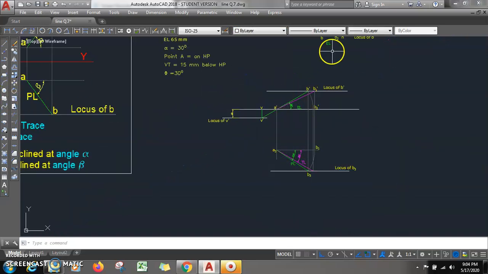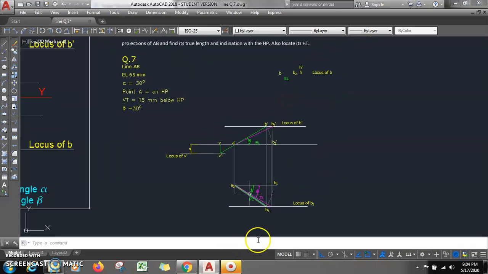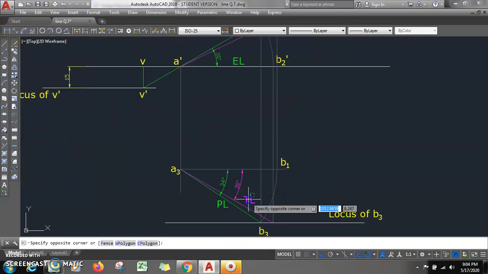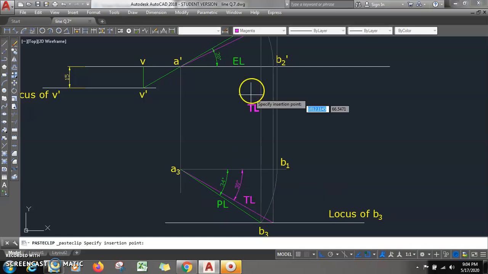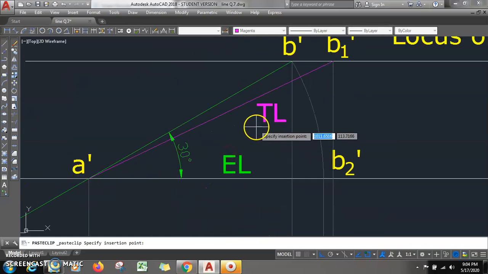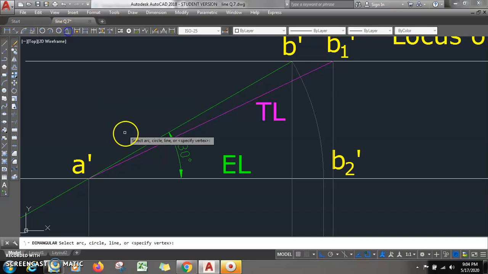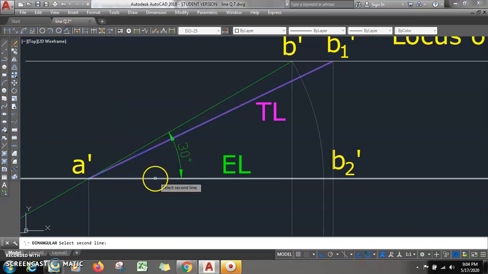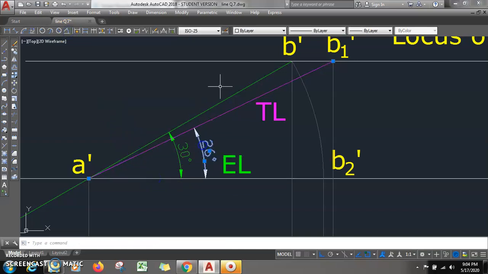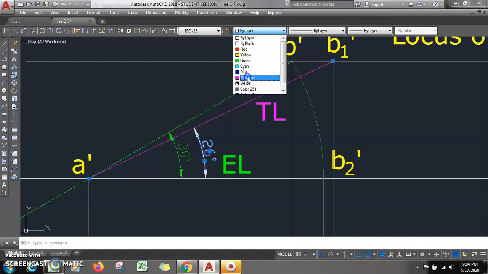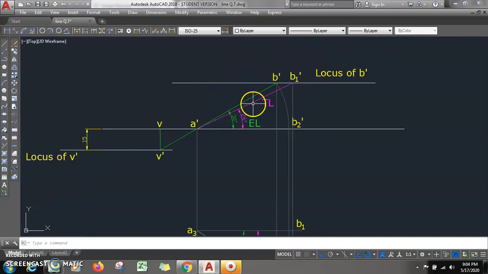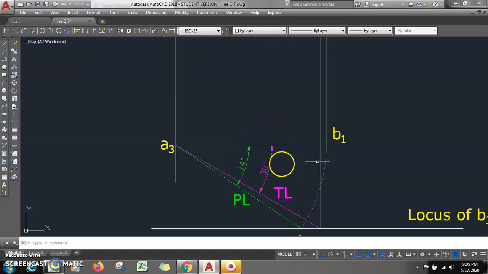Okay, this length is true length, and this angle, ये angle क्या है? This angle is called theta, and theta is found to be how much? 26. You see. So solution is complete, but something is missing.